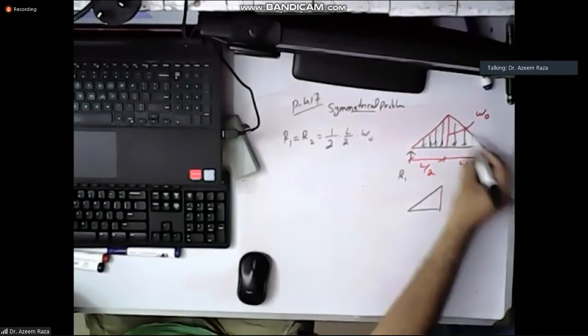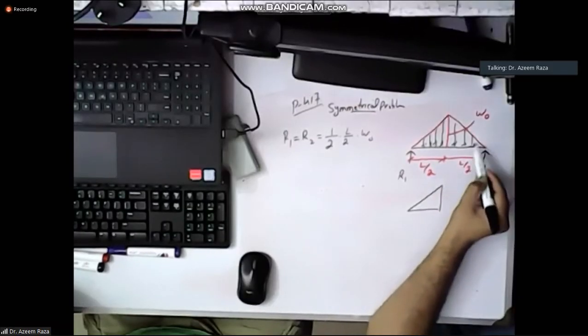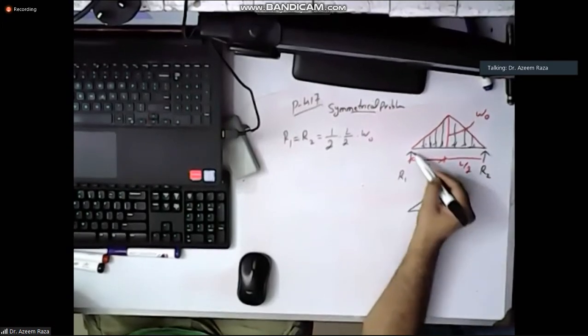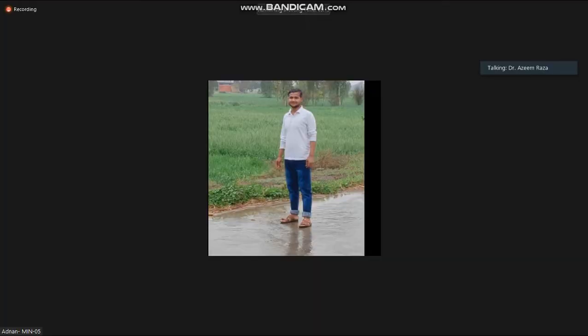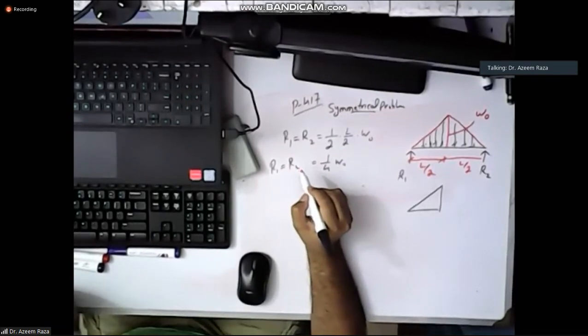Although if we want to compute the whole force, that's fine. The total load is W naught times L, and that must be equally divided between these two supports. So half will be borne by this, and half will be borne by this. So we exactly know this is 1/4 W naught L. Both R1 and R2 carry this load.